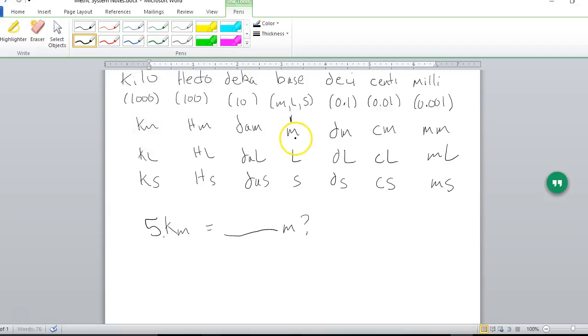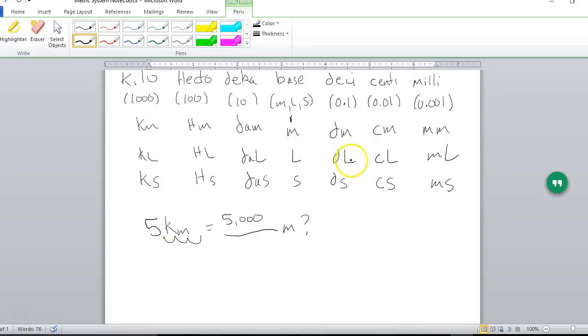To get from kilo to meter, I have to go 1, 2, 3 to the right. So I move my decimal point 1, 2, 3 to the right, and 5 kilometers is worth 5,000 meters. Every time you move a decimal point, you're changing your number by a factor of 10. That's what makes conversions easier in the metric system than our conventional English system.